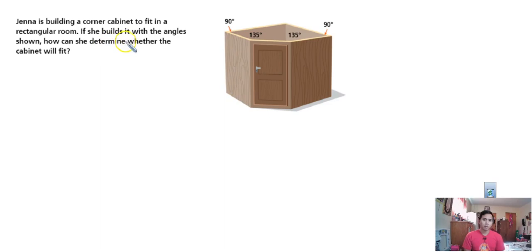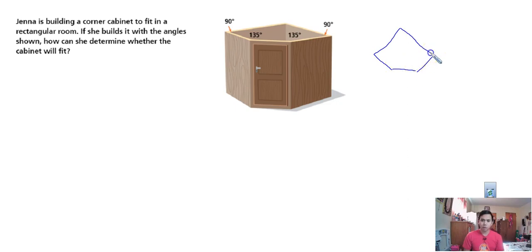If she builds it with the angle shown, how can she determine whether the cabinet will fit? So let's take a look at it and redraw that. It will not be perfect, but I'm trying. Maybe it looks like that.